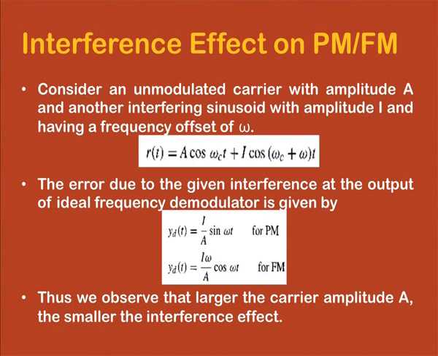What we see here is that the interference component which appears in the differentiator output is inversely proportional to A. So, if we choose a very high amplitude for the carrier, we can suppress the interference. What it means is that smaller interference can be completely suppressed by angle modulated waveforms.